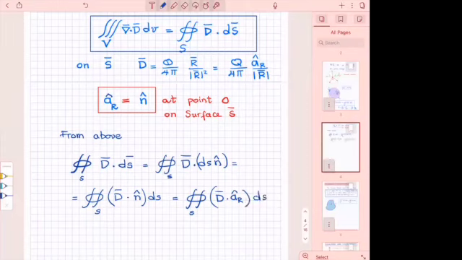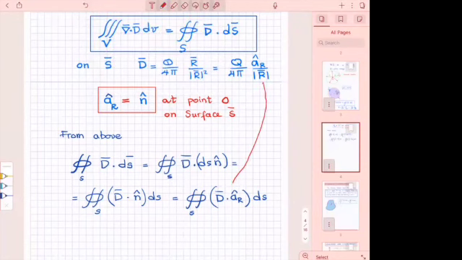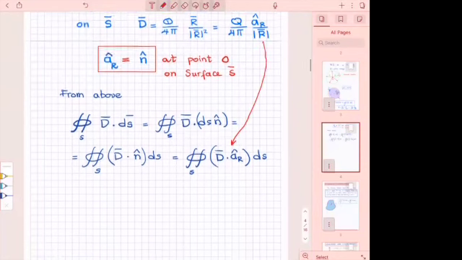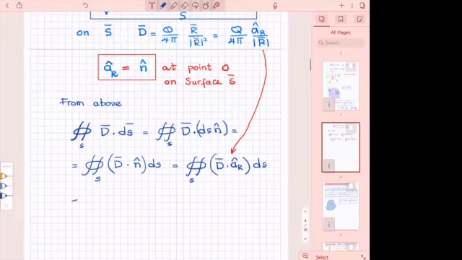And then from here, we go here, and what do we have? Then we have that this integral is nothing else but Q over 4 pi, 1 over r, dS.